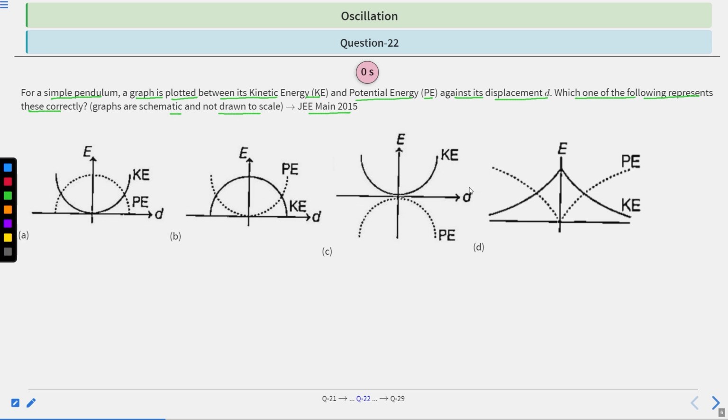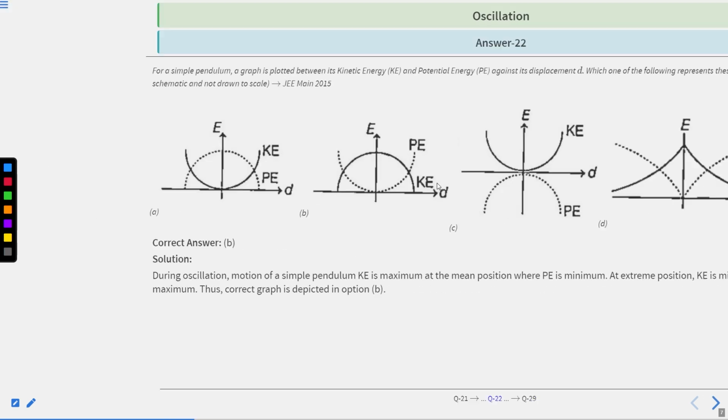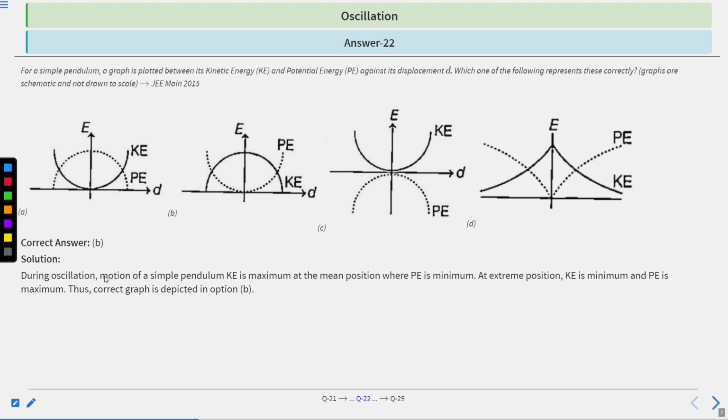Let's find a solution. During oscillation of a simple pendulum, kinetic energy is maximum at the mean position, where potential energy is minimum.